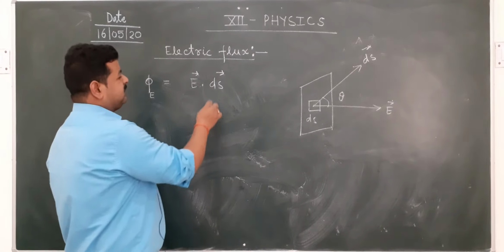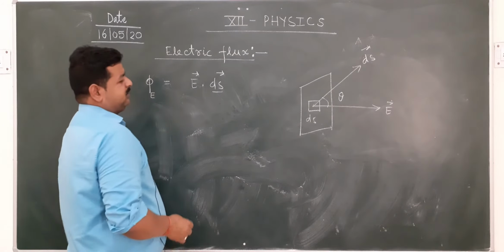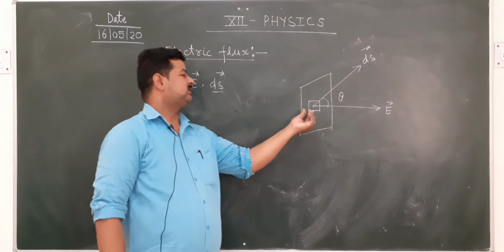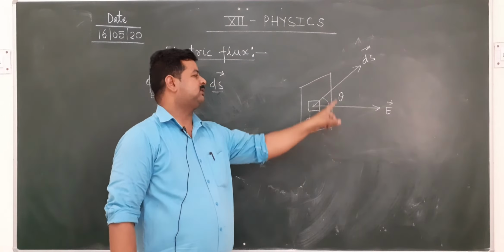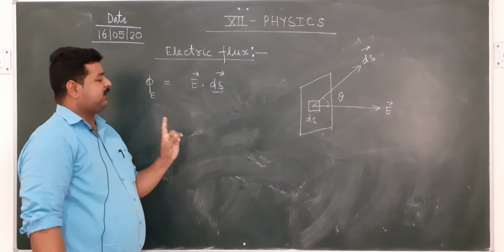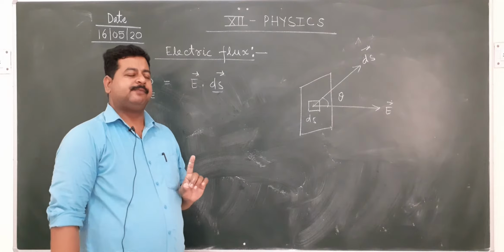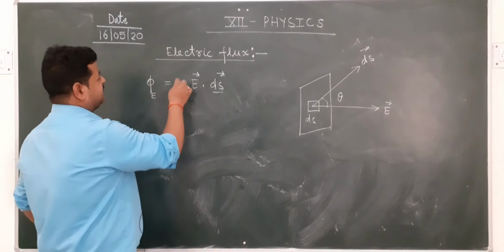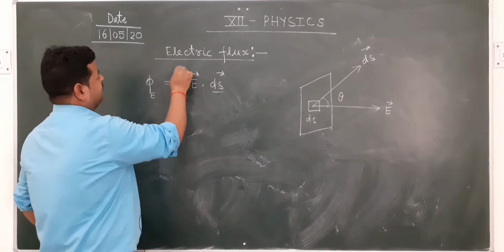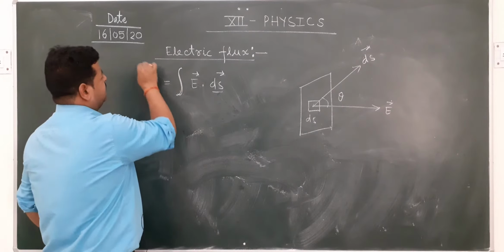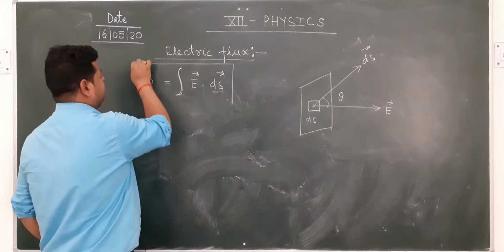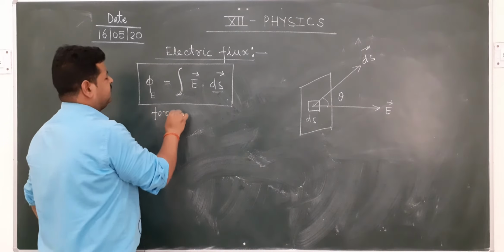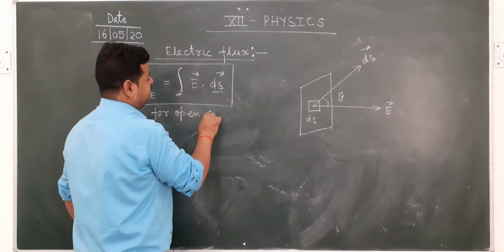But here the surface area is small. This is the electric flux from the surface element, not from the total surface. To calculate the total, wherever we use the word total, we integrate in physics. So here we use the integration sign, which is used to calculate the net flux linked with the surface. This formula is used for an open surface.